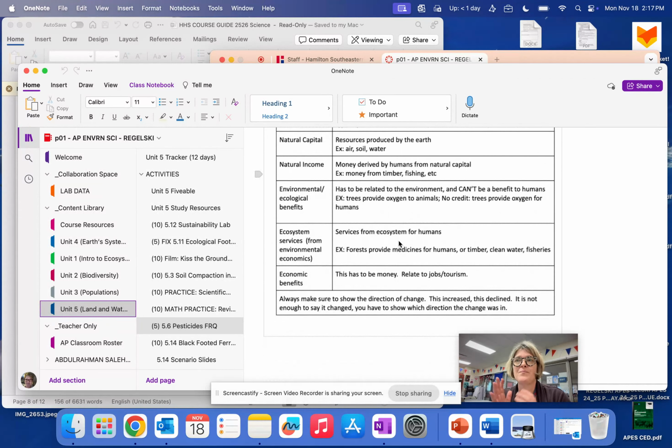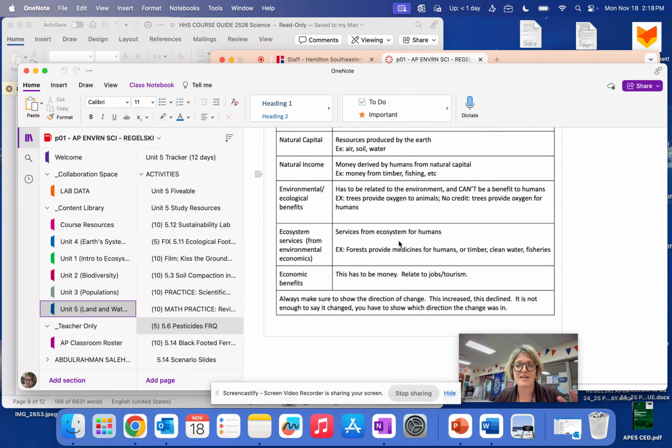So why am I having you do this today when I haven't had you do this in the past with other FRQs? Well, I'm doing this because starting next semester, when you take a test, you're going to have FRQs on each of the tests. And so I am going to start grading your FRQs just like College Board would grade your FRQs on the AP test.